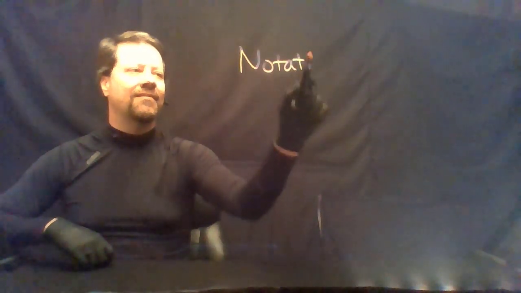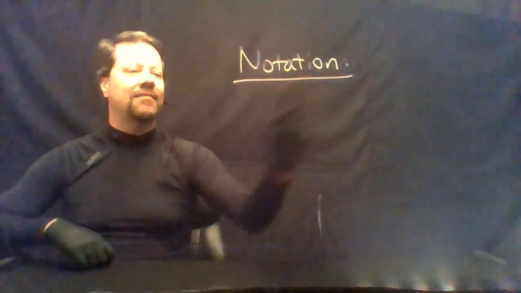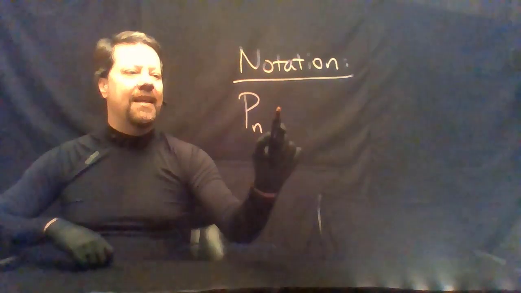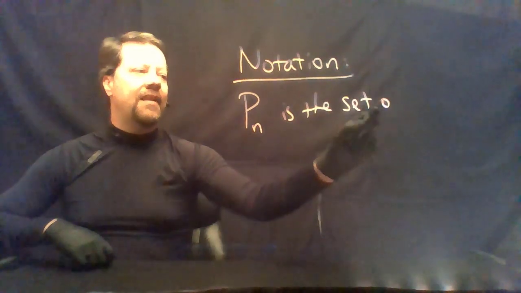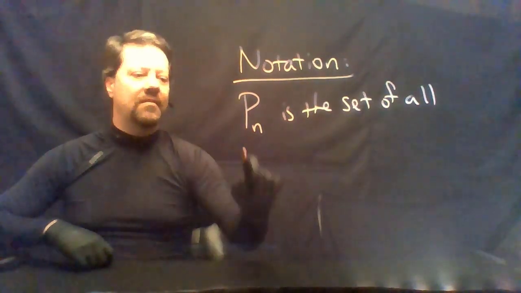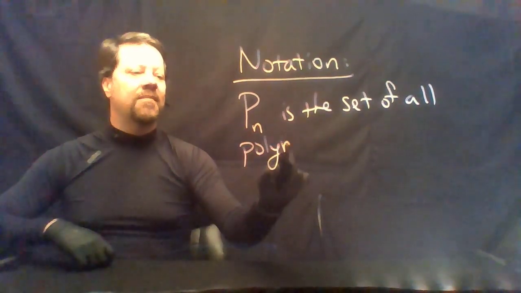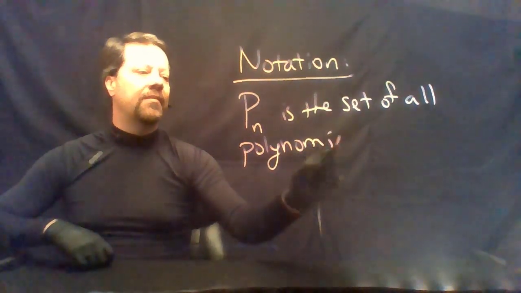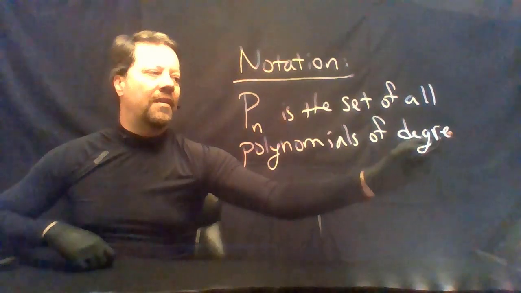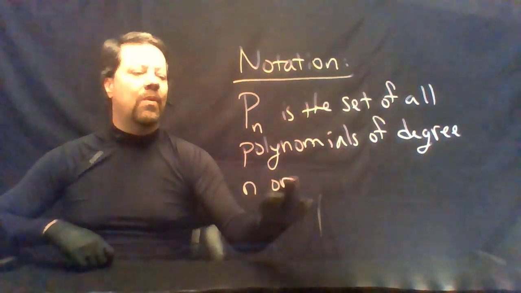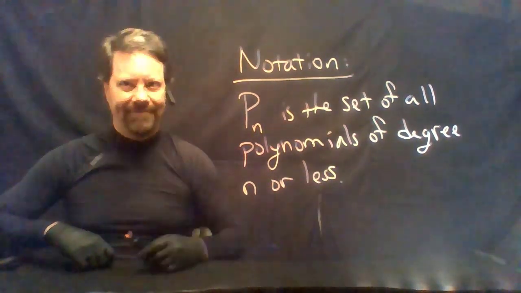I'd like to introduce some notation. Pn is the set of all polynomials of degree n or less.